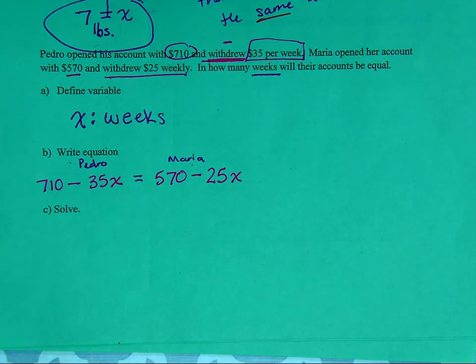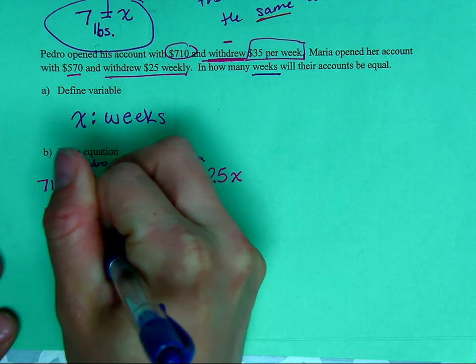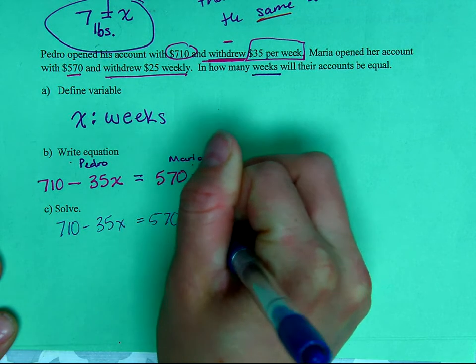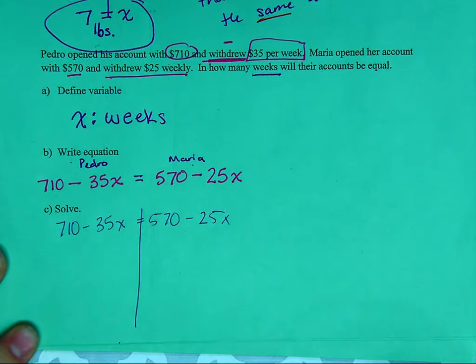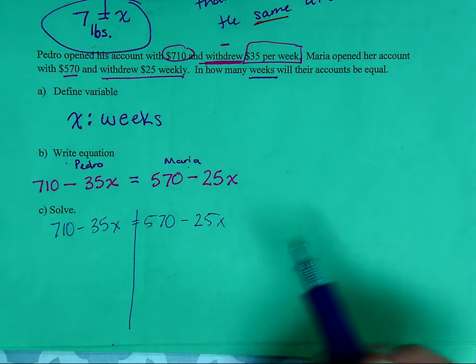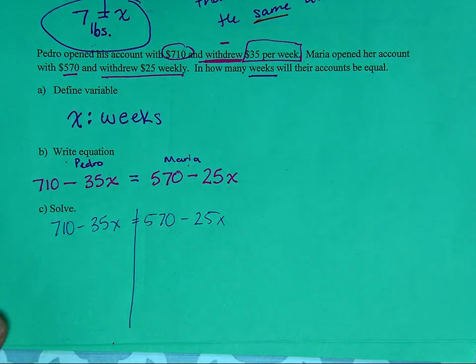Okay, so now all I have to do is solve. So I'm going to rewrite this down here. Okay, so if you haven't solved yet, make sure you pause. If you got the wrong equation there and had to fix it, pause and then solve this one. So remember, there's more than one step I could do first.